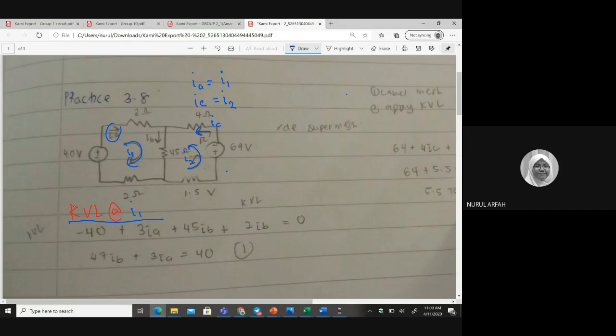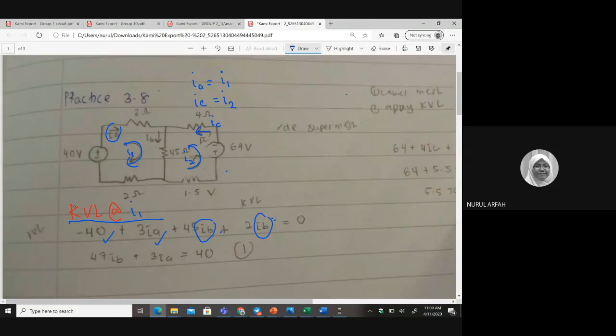So you start from minus 40, and then this one 3 IA, and then you have 45 IB. Okay, this is a safe way, bagus. And then you have 2 I1. This one wrong. Because why?